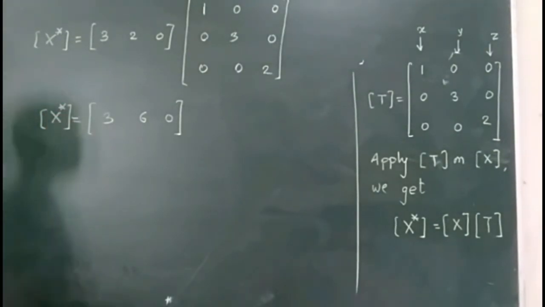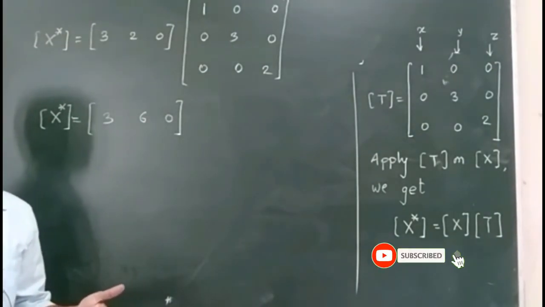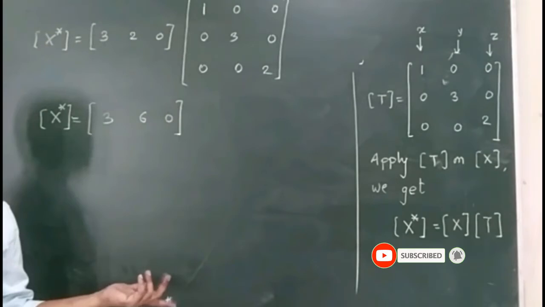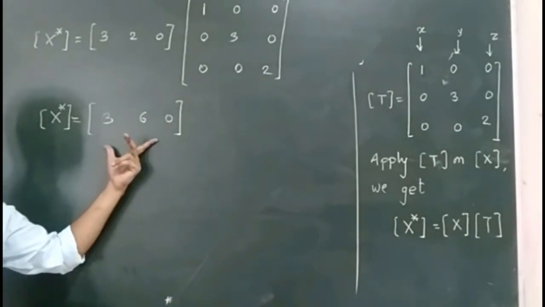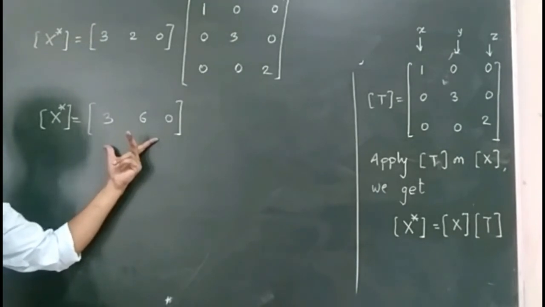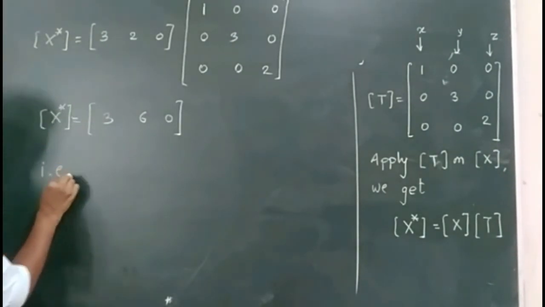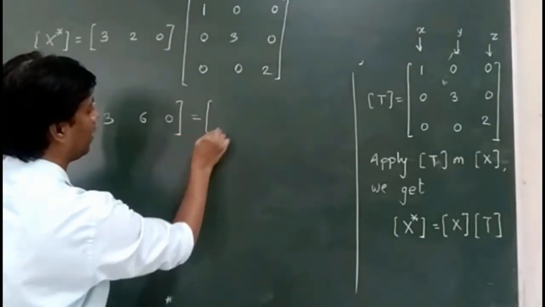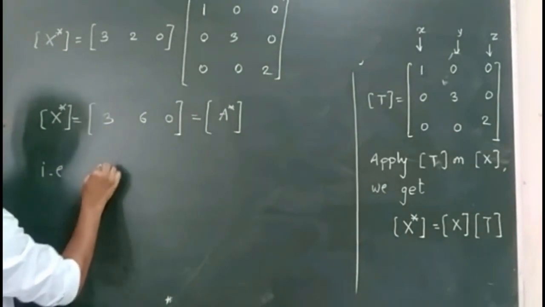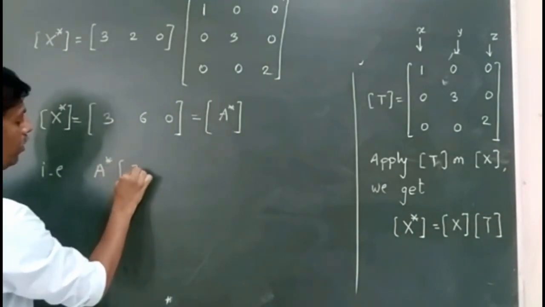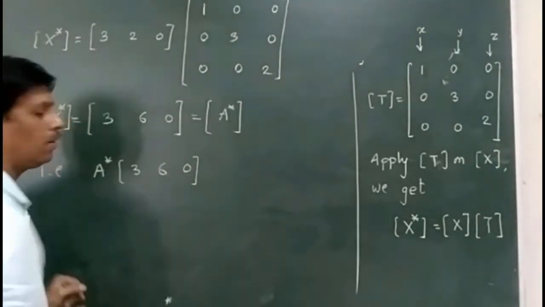Okay, X star. That means after scaling the point A in y and z coordinate by 3 and 2 units, the position of the point A is 3 3 0, which is denoted by X star. That means we can say that this is nothing but our A star. Okay, A star is 3 3 0.